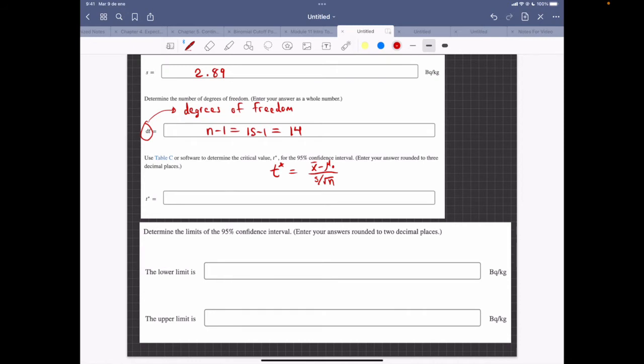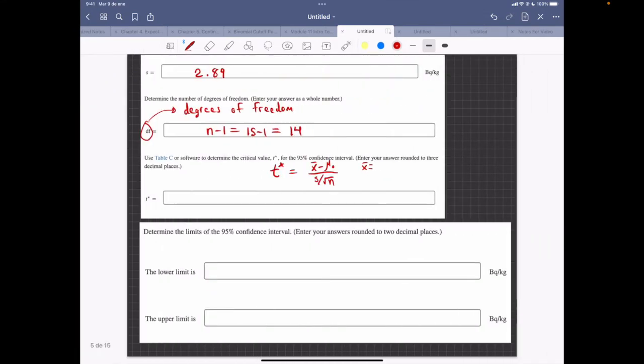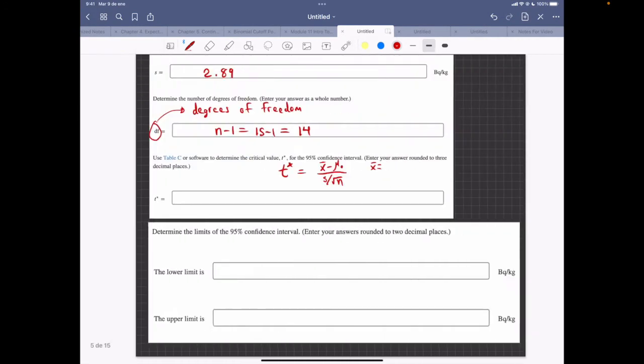X bar is the sample mean, which is 10.26.